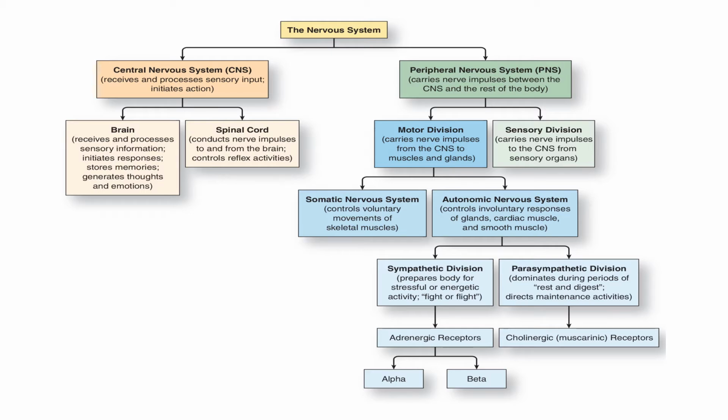And that's of course broken up into the sympathetic and the parasympathetic division, which is what we've been talking about. The sympathetic division has adrenergic receptors, and they're broken up into alpha and beta, and it all depends on where these receptors are scattered in different parts of your body, which will elicit the sympathetic response. On the other side, the parasympathetic division is also called the cholinergic system because it has cholinergic receptors.